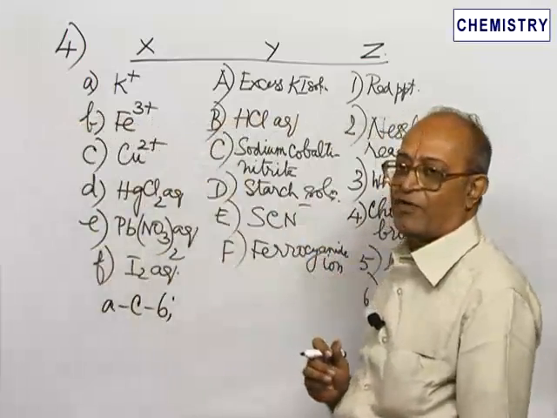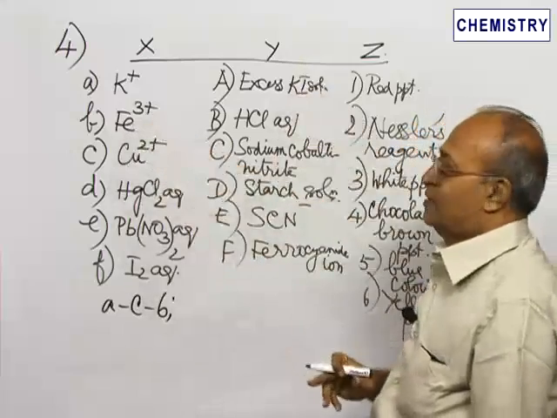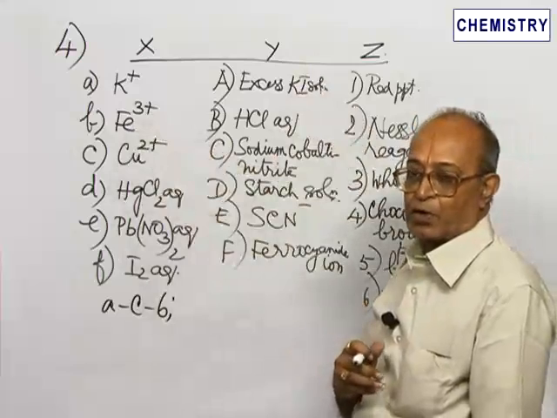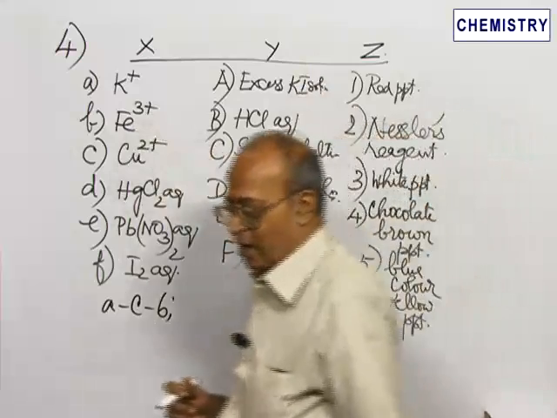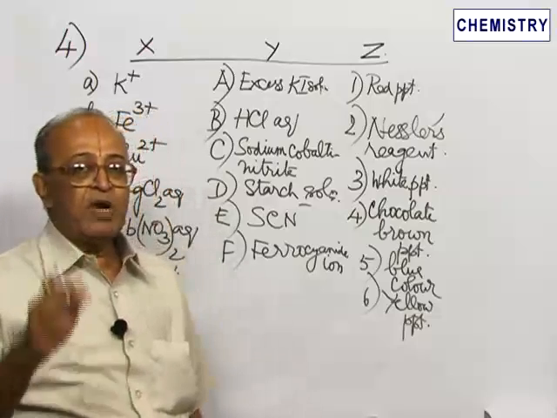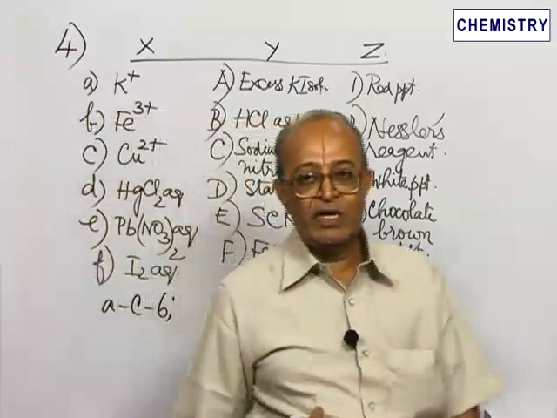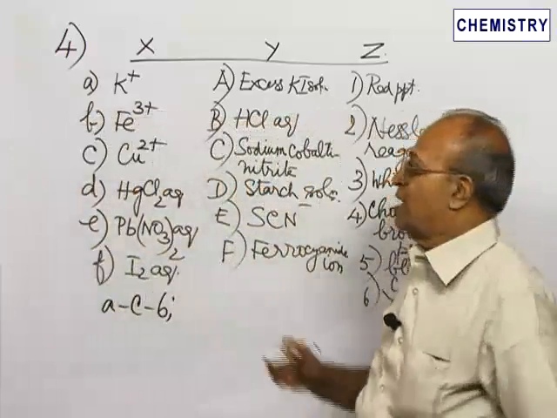Similarly, consider ferric ion. In the previous problem, I have told you ferric ion with thiocyanate ion gives a blood red coloration, a color resembling that of blood.